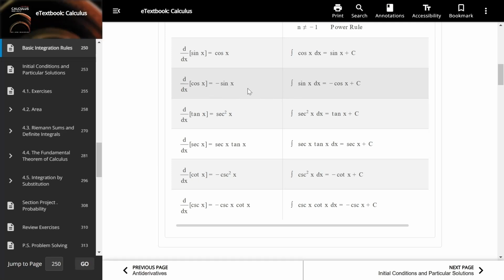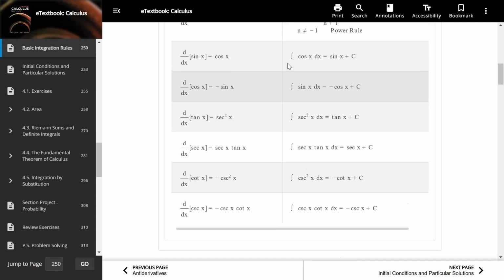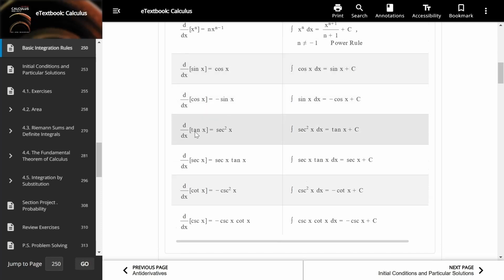Then this also means that if I want the integral of sine x, I need to do minus cosine x. And then we keep going throughout all the formulas here, the rules that you need to know. The derivative of tangent of x is secant squared, and vice versa: if I had secant squared inside the integral, it will just give me tangent.